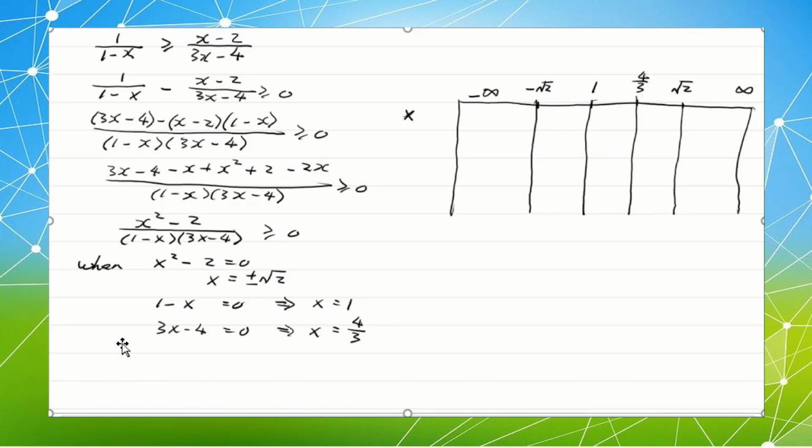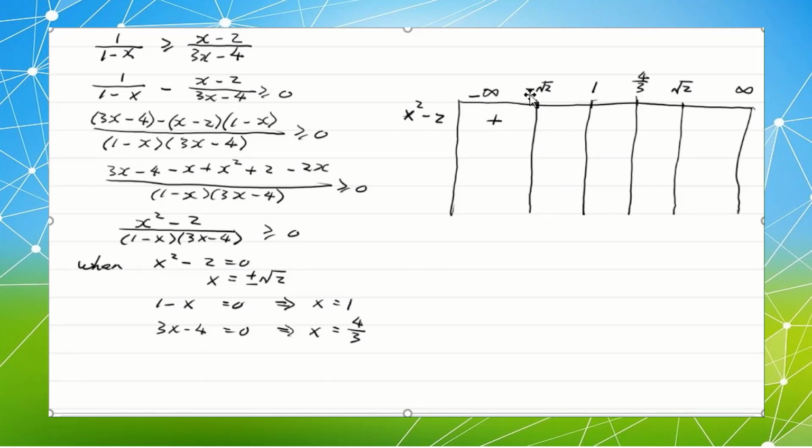Now we test x power 2 minus 2. When x is less than negative square root of 2, since negative square root of 2 is approximately negative 1.4, we can choose a number negative 2 to substitute into here. So when x is negative 2, we found that the value is a positive value.